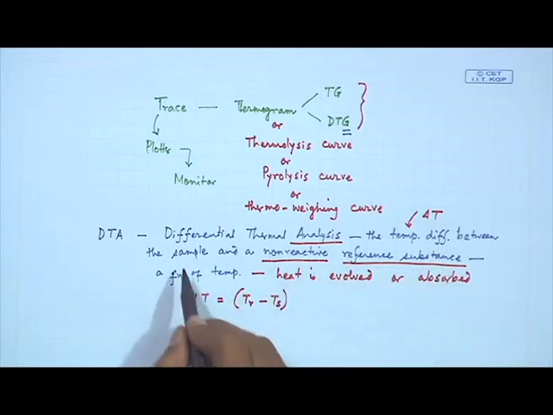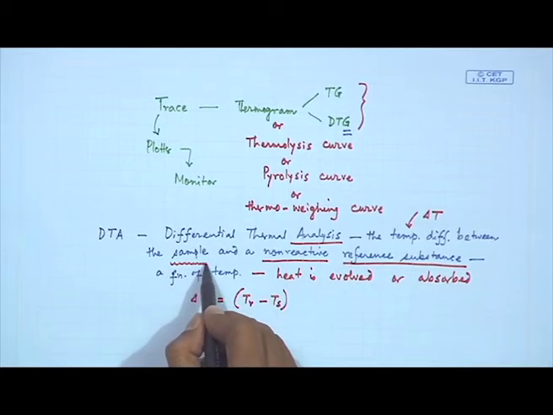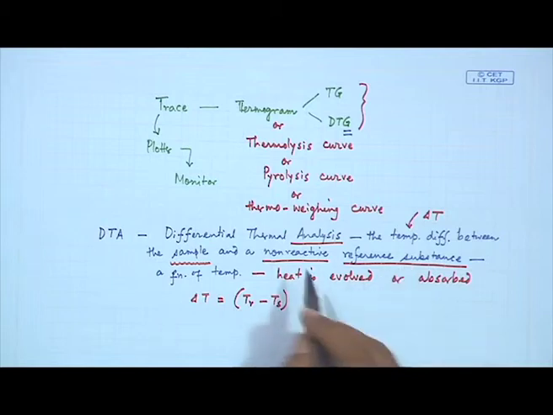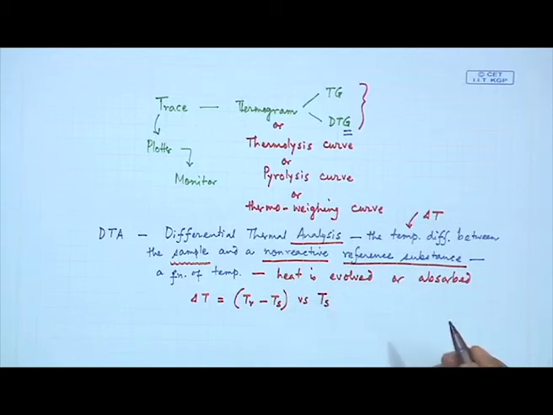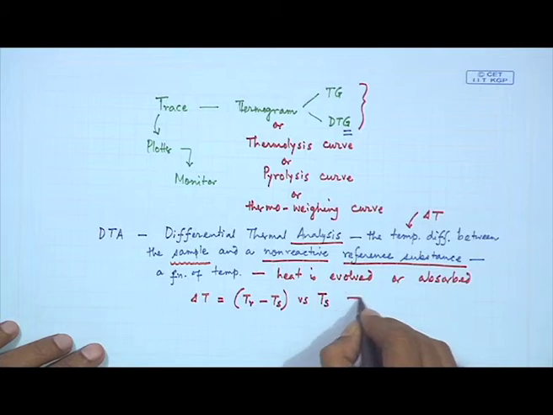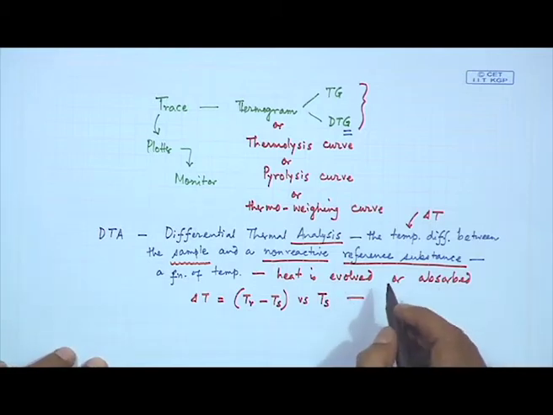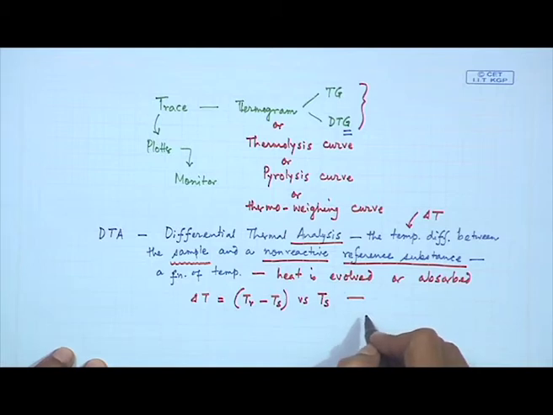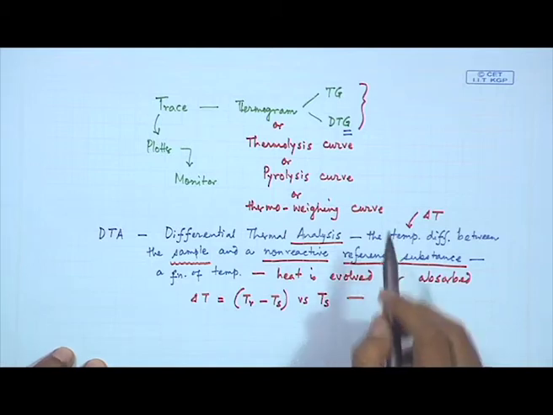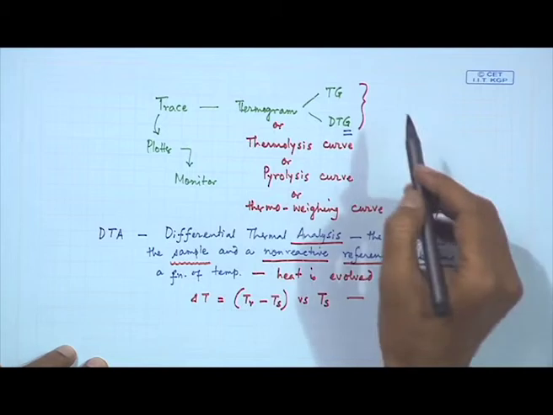So, the sample as well as your reference material is plotted versus the temperature of the sample. We plot it against the temperature of the sample, and now we need something which is a little bit more elaborate, where we do not use the very simple thermobalance for monitoring this.